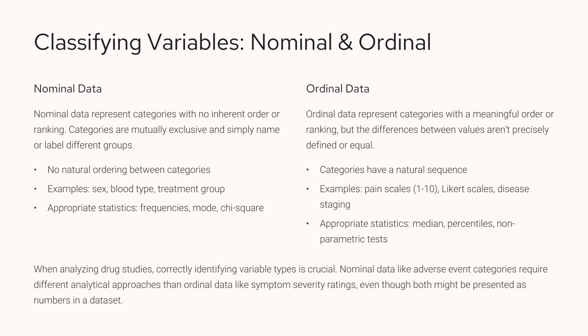Versus ordinal data, which usually has more categories. They have a natural sequence. We usually see these with surveys, like a pain scale from 1 to 10. And you can see there's different statistic types, which we'll talk about more in the upcoming slides about how you use them depending on the data type. This is why it's so important to classify variables, because it tells you exactly what statistical test to use.